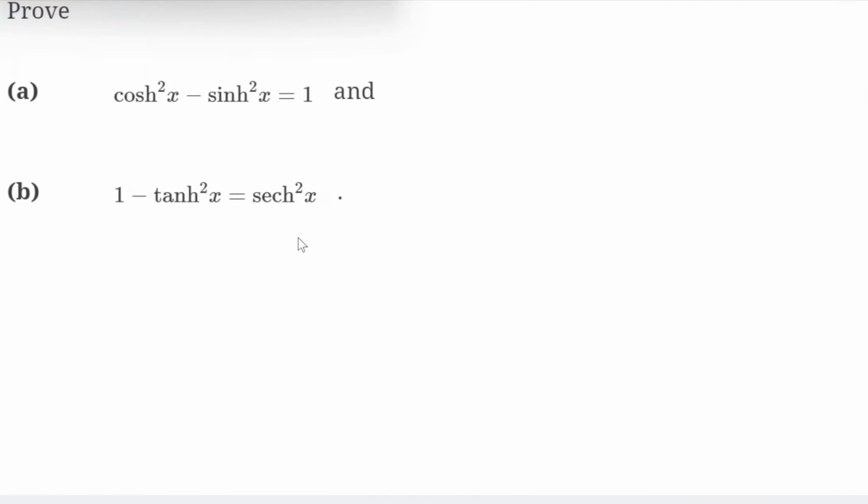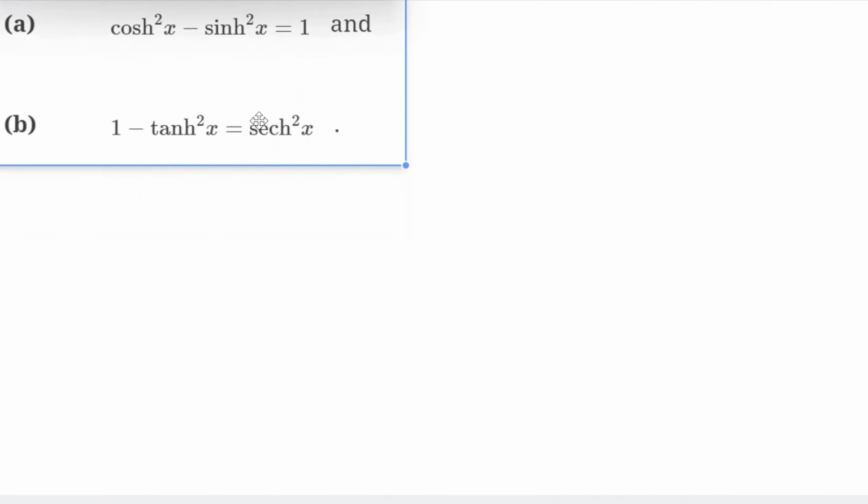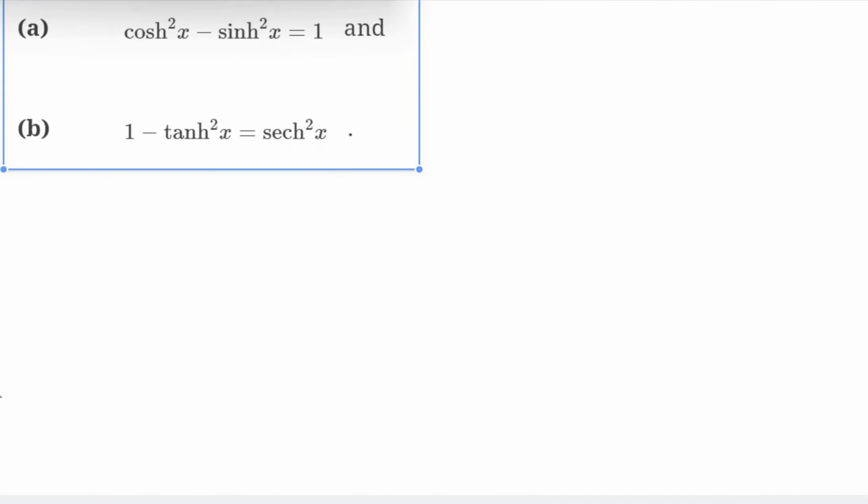All right, let's do a couple. So one of the rules that I just showed you was the cosh squared minus sinh squared is equal to 1. So let's actually show that.